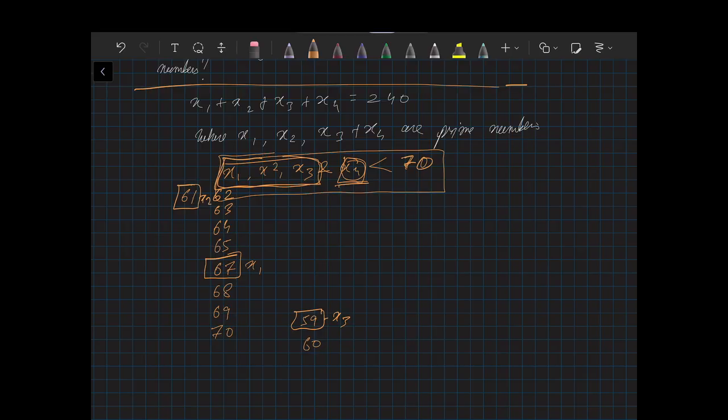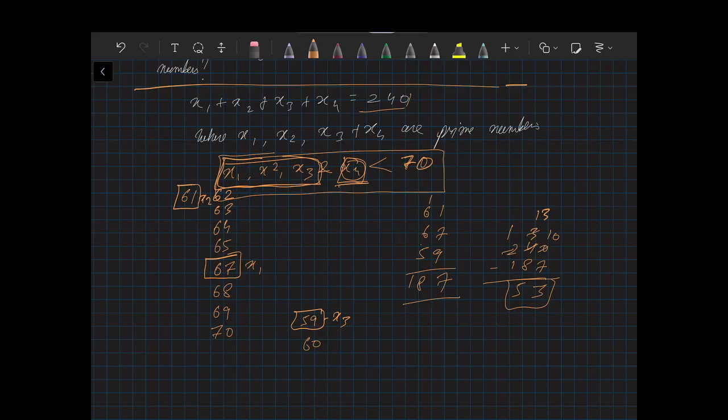So if we add up these 3 primes, 61, 67 and 59, what do we get? 187. So we need 240. So what's remaining? 240 minus 187 is 53.